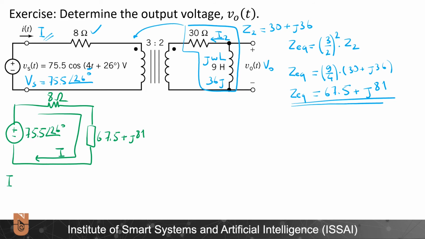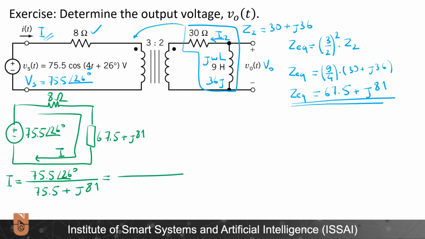I can calculate I simply as the voltage phasor of the supply, 75.5 at 26 degrees, divided by the total impedance of that circuit, 75.5 plus j81.